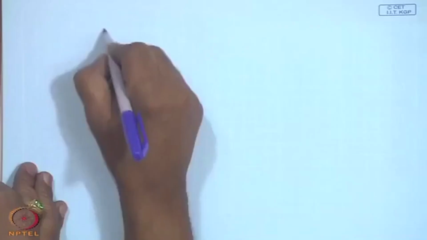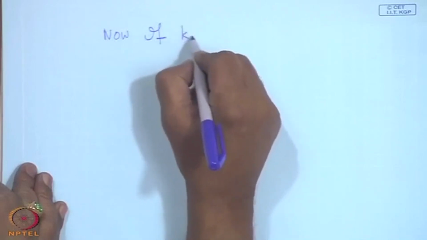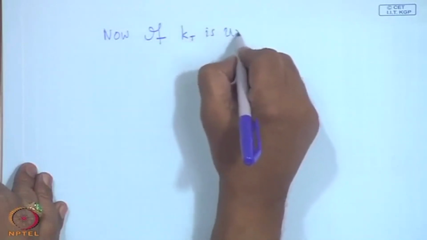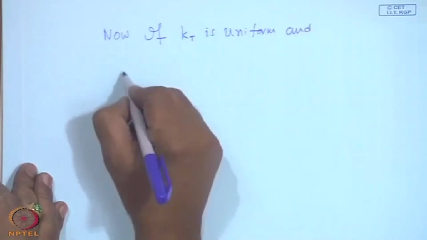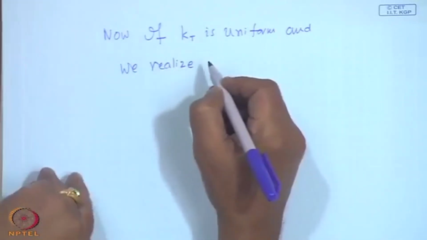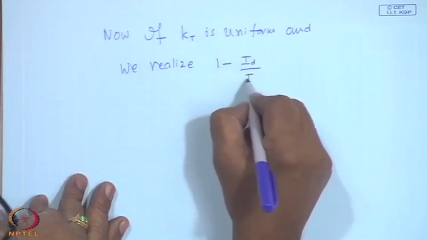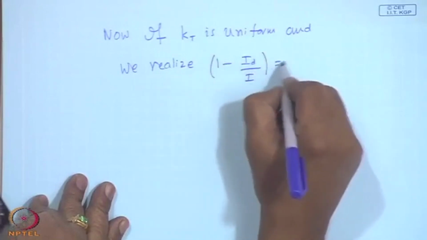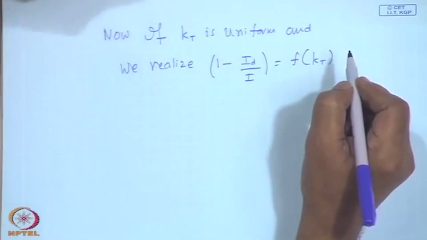So, now uniform, and we realize it is some function of clearness index, because all Id by I correlations and Hd by H correlations are just functions of kt mainly.